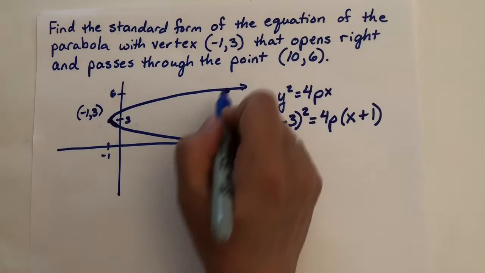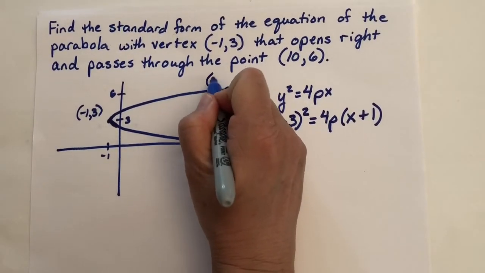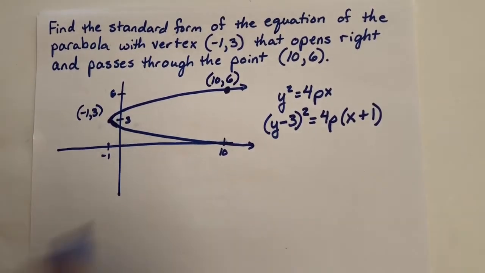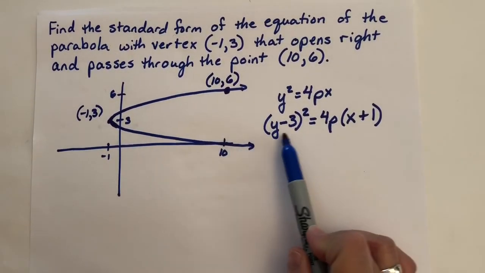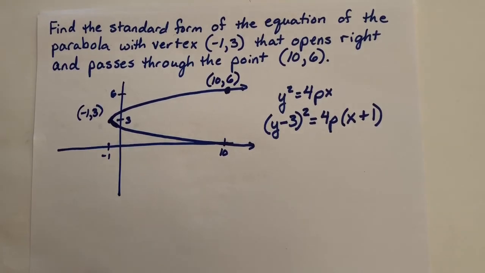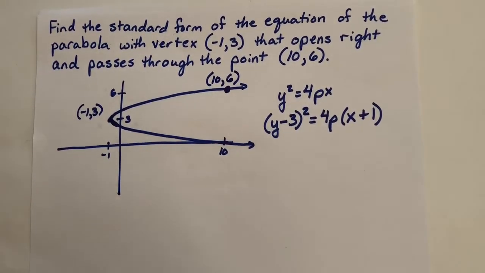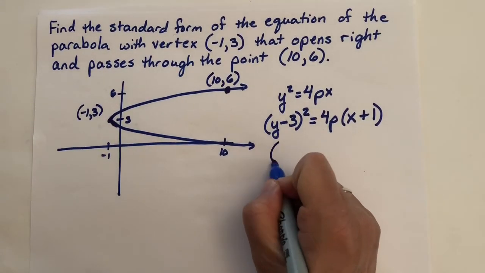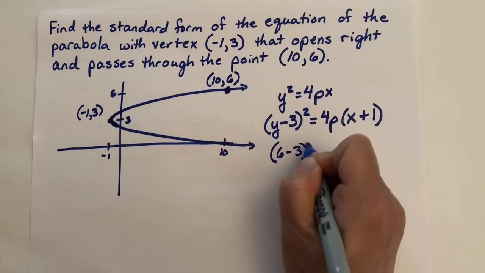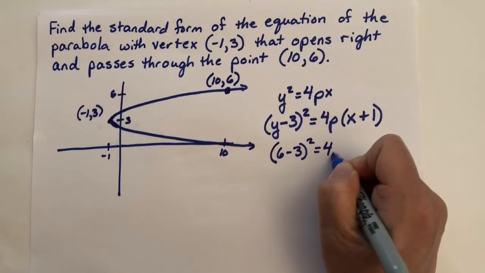But our clue is that we know the parabola must go through the point 10, 6. That means 10, 6 is a solution for this equation, or 10, 6 works if you put it into the equation. So we're going to substitute the ordered pair 10, 6 into the equation and see what happens. So we'll put 6 in for y, and we'll substitute 10 in for x.